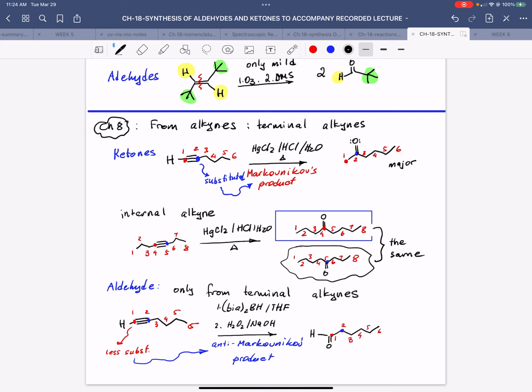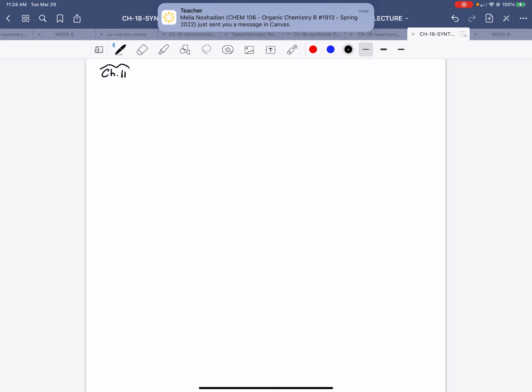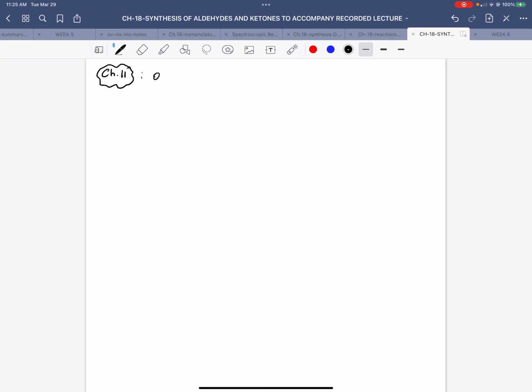So next thing that we're going to go over is from chapter 11. Let's flip the page. And this will be the oxidation of alcohols. Okay.